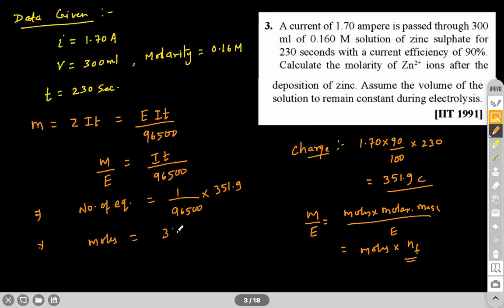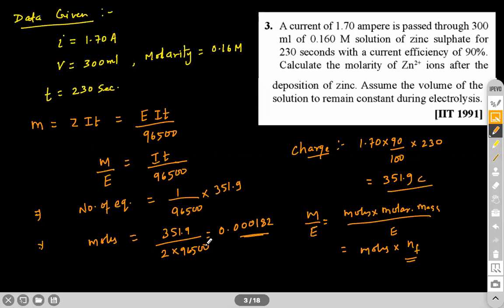So 351.9 divided by 2 into 96500 is the number of moles of zinc deposited onto the electrode. This value is 0.000182. I am doing this with the help of a calculator.